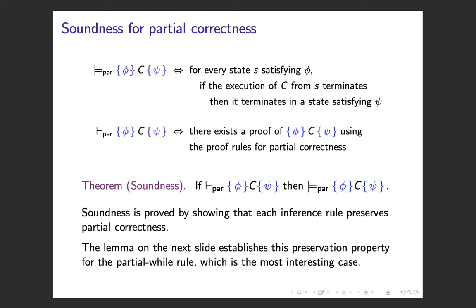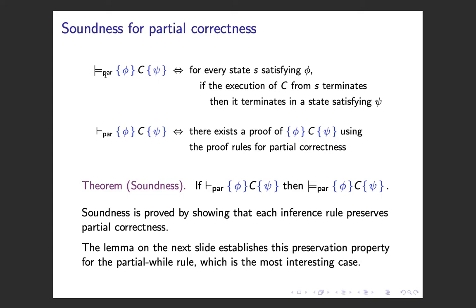And we'll say that a Hoare triple is true according to the rules for partial correctness if indeed it is true what we intend the Hoare triple to say. So that's saying for every state satisfying the precondition, if the execution of the command terminates, then it terminates in a state satisfying the postcondition psi.